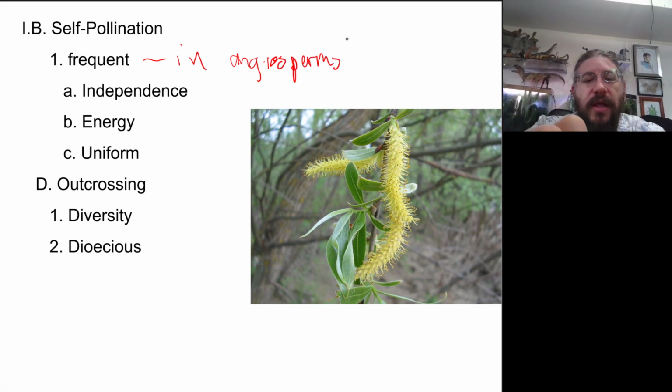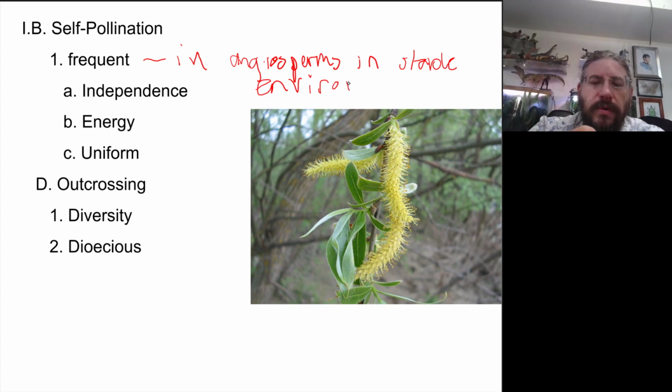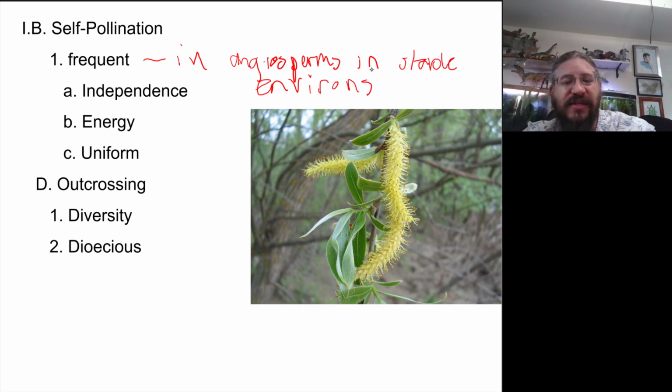And by stable, we mean basically environments that are unchanging. So things that are not subject to much in the way of disasters, things that have pretty specific and stable climates, right? Self-pollination can become a frequent and helpful tactic.